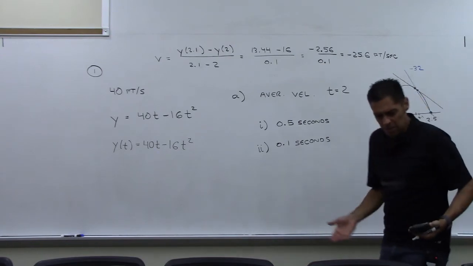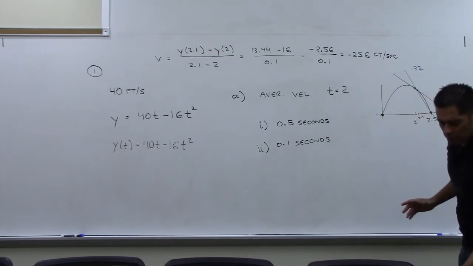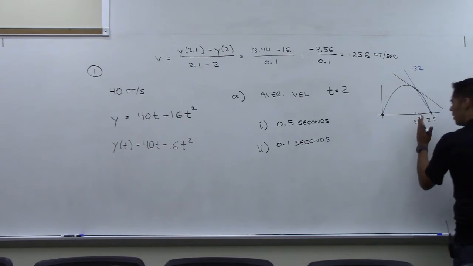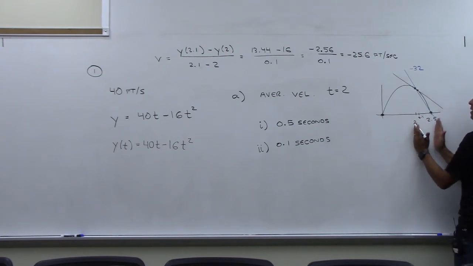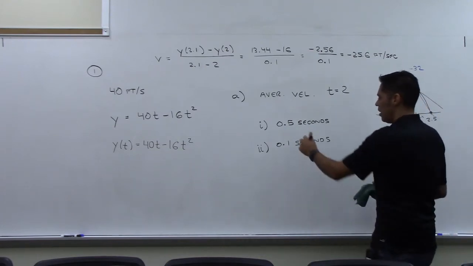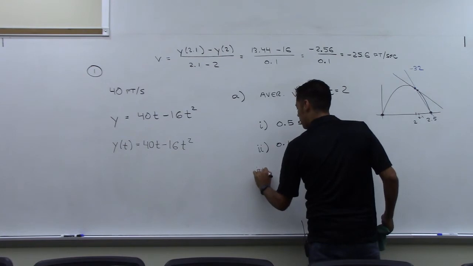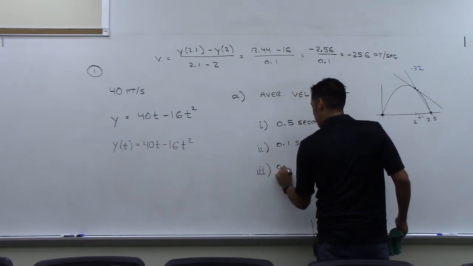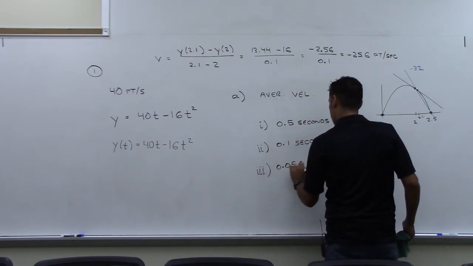And now we want to continue, and the important thing is we're looking at 2, we started at 2.5, we moved into 2.1, and now in part 3 we're going to go even closer. We're going to change this for part 3 to 0.05 seconds.